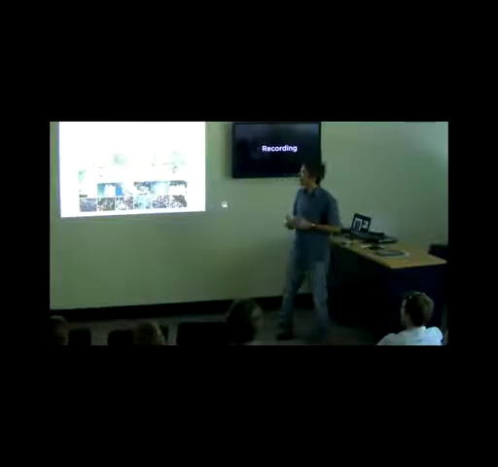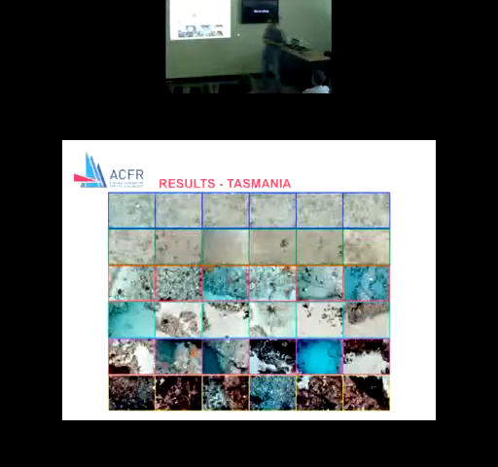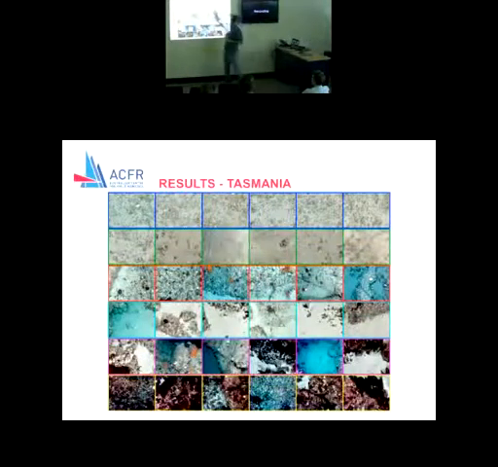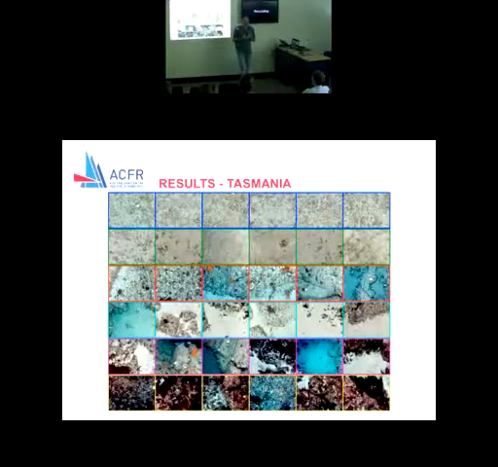Another thing that we've done a lot of work on is unsupervised clustering of the data that we've collected. So here what we've done is we've taken each image and we've described it by color, texture, and in this case, structural complexity. So we actually calculate rugosity over each image and over the aggregate meshes, and I'll talk a little bit more about that in a moment. Then we put that into an algorithm that's looking for similar groups of images based on these features which we describe each image.